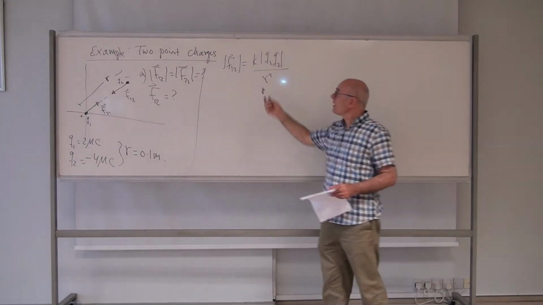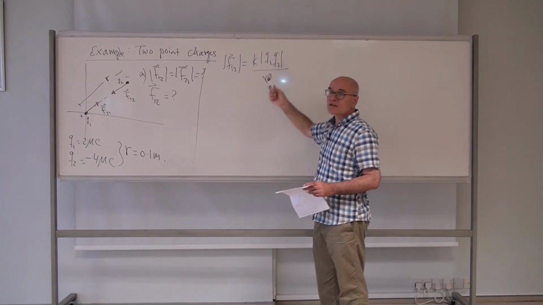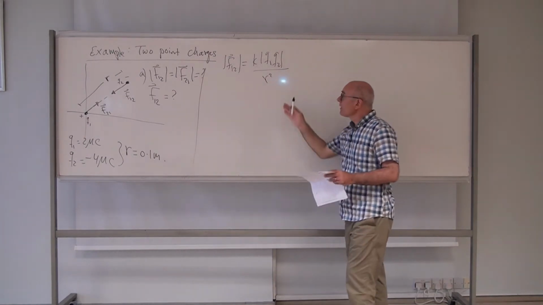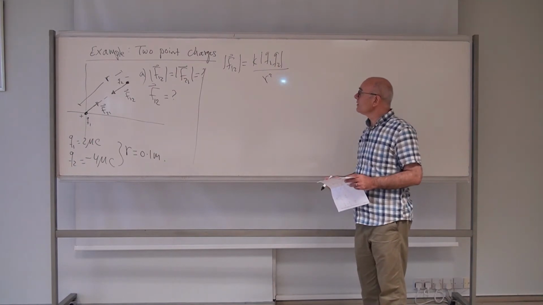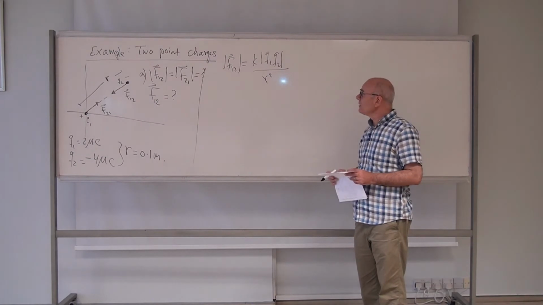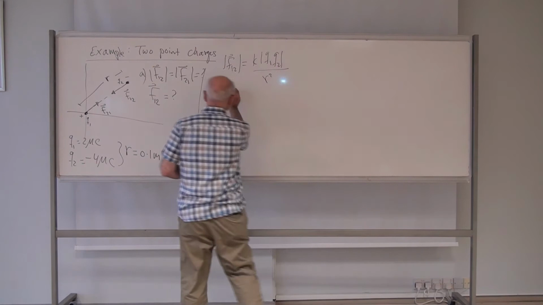Note that you can either substitute modulus Q1, modulus Q2, or just the modulus of the product. At the end, this quantity should be positive. Okay? So this is your formula, and after that, what remains is to just enumerate this formula and make your calculations. And this is easy in this case.